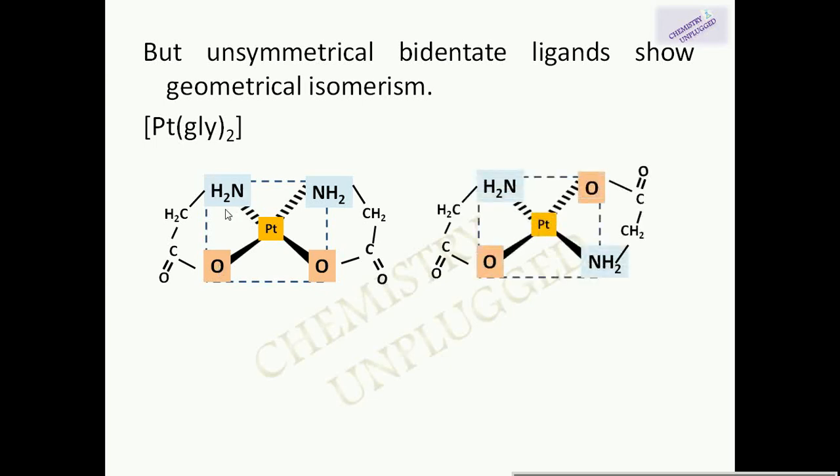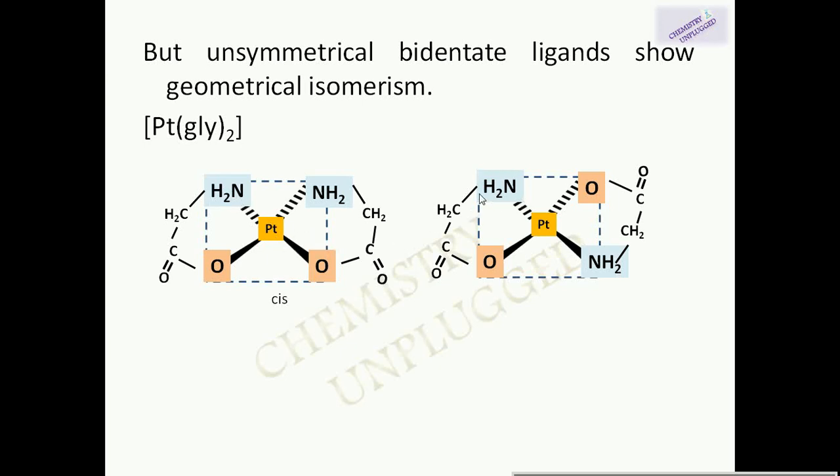One possible way is that the NH2 of one glycinate group is trans to the oxygen atom of another glycinate ligand, and this geometry is cis.